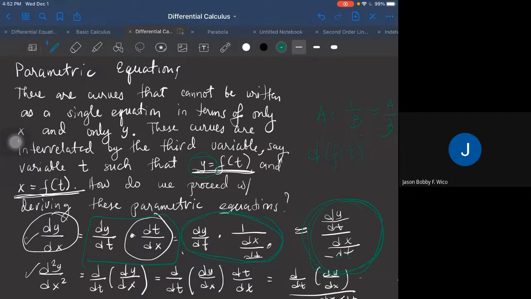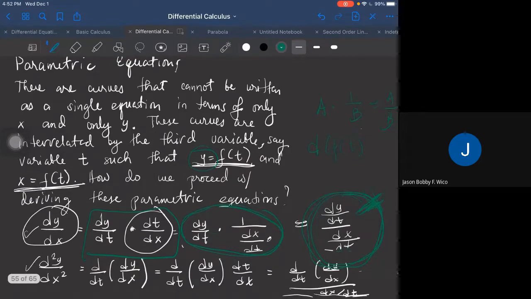And using again the chain rule, the second derivative of y with respect to x would just be equal to the derivative of this one, divided by dx dt.